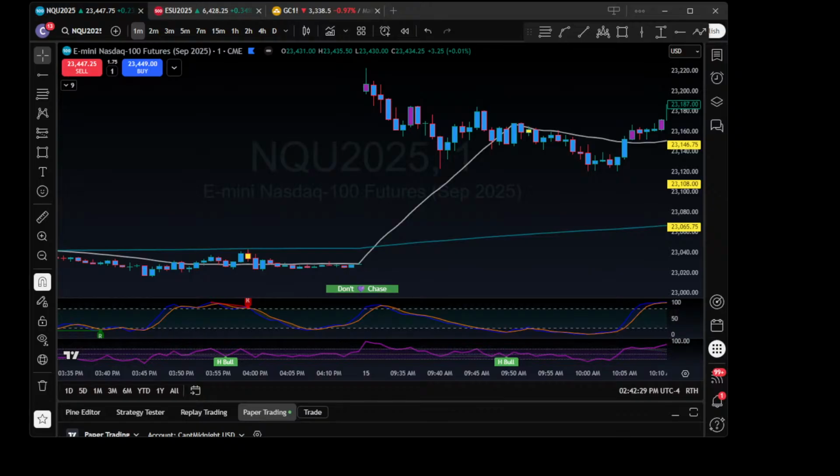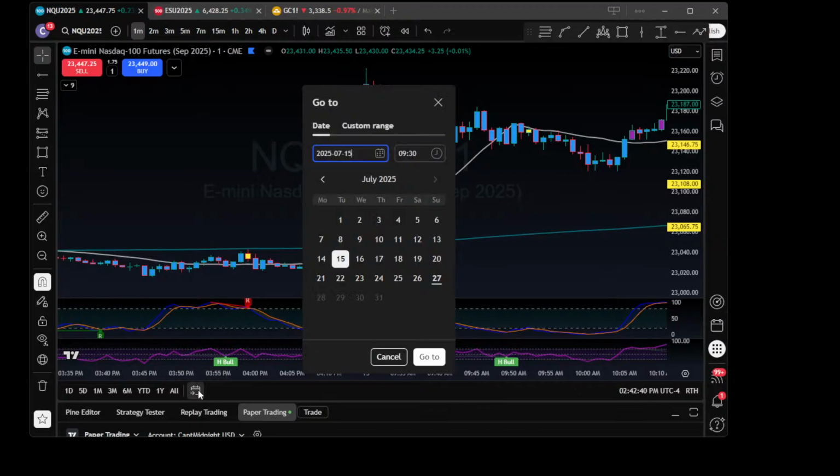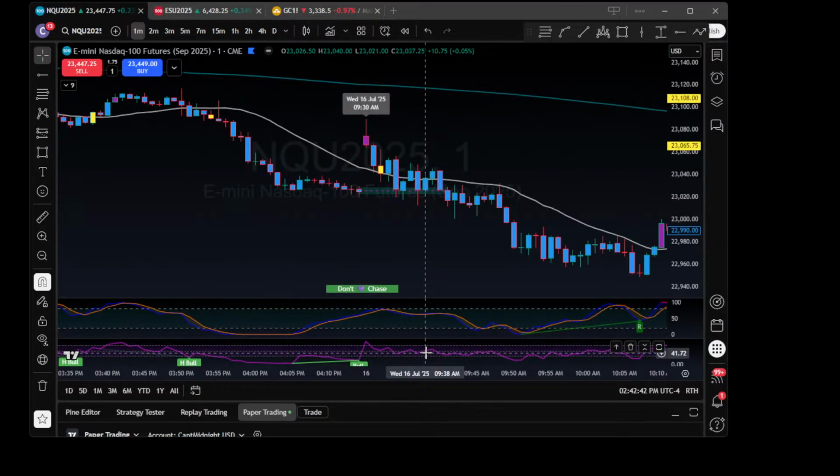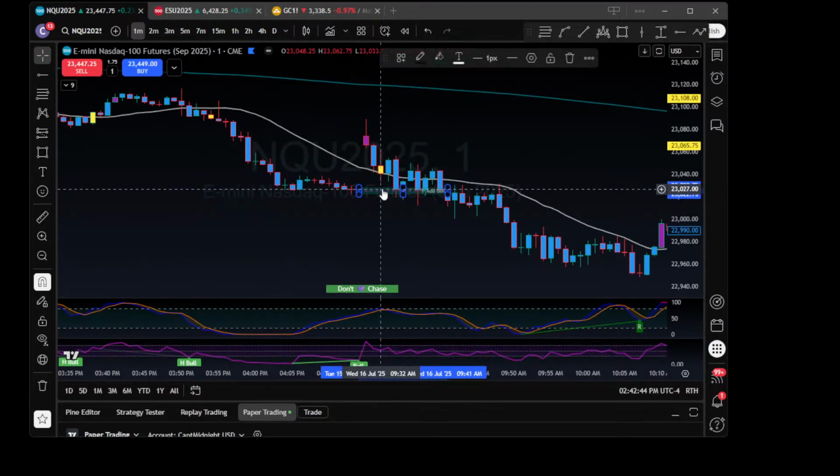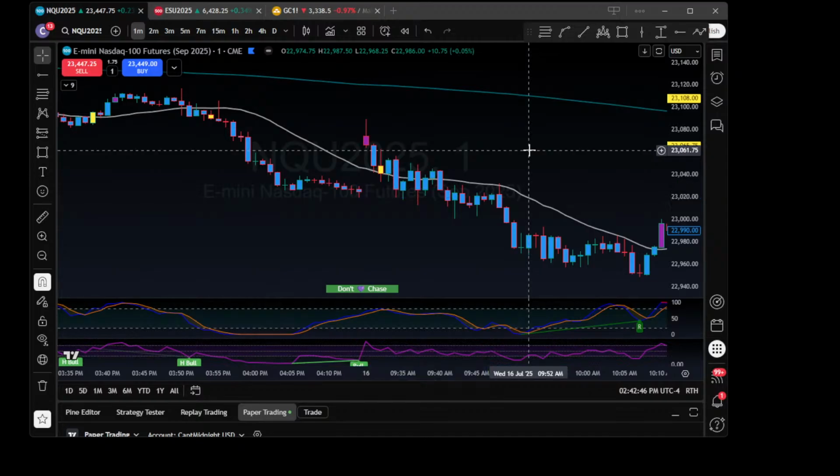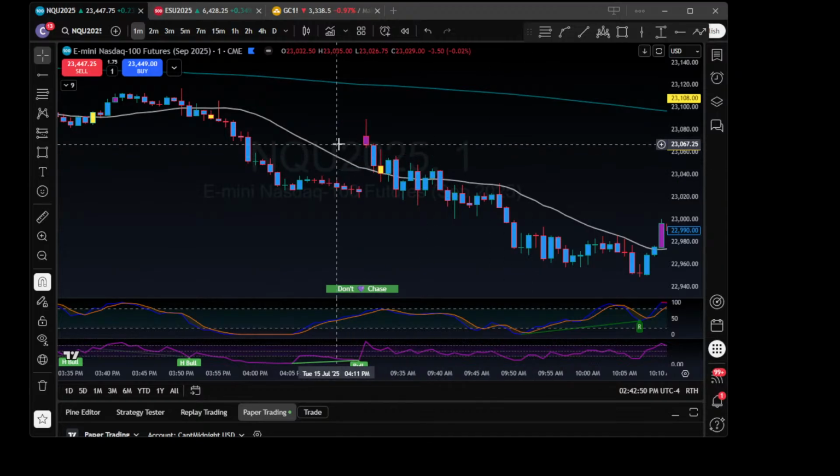This is usually a very, very dependable trading strategy. Look at this, there's a tiny gap there.